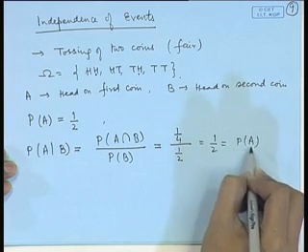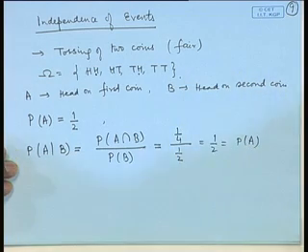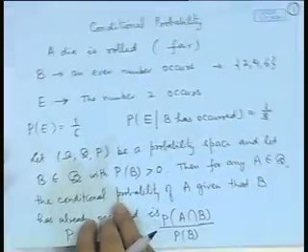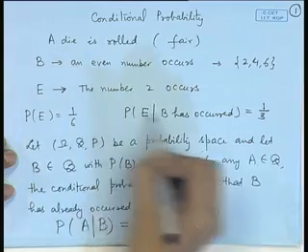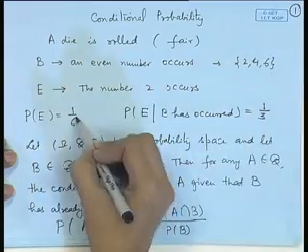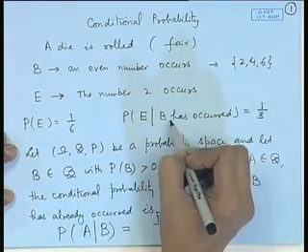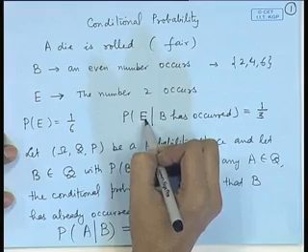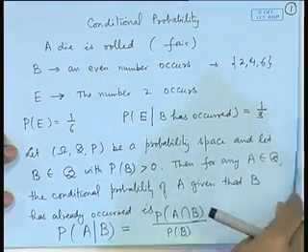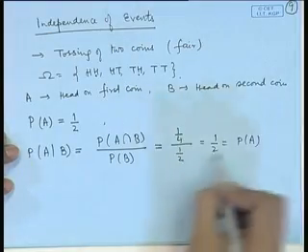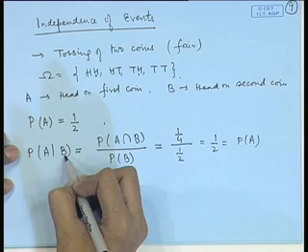Now this is different from the statements which I gave in the beginning of the conditional probability definition, that if I consider probability of E and probability of E given B, these two were different, it means that happening of B definitely affects the happening of E. Whereas in this one, probability of A and probability of A given B is the same.